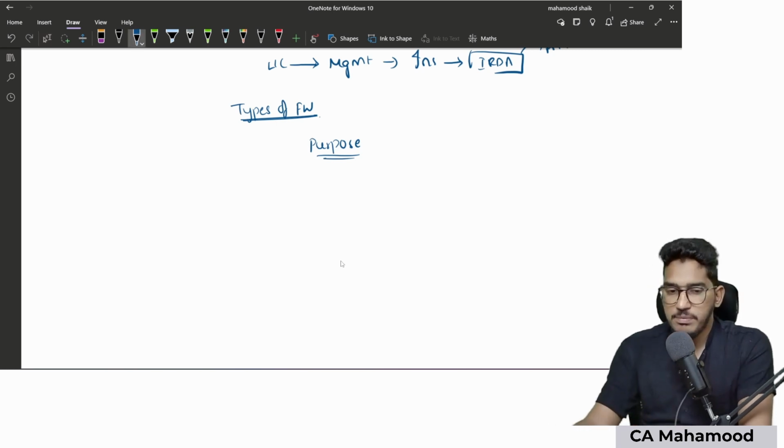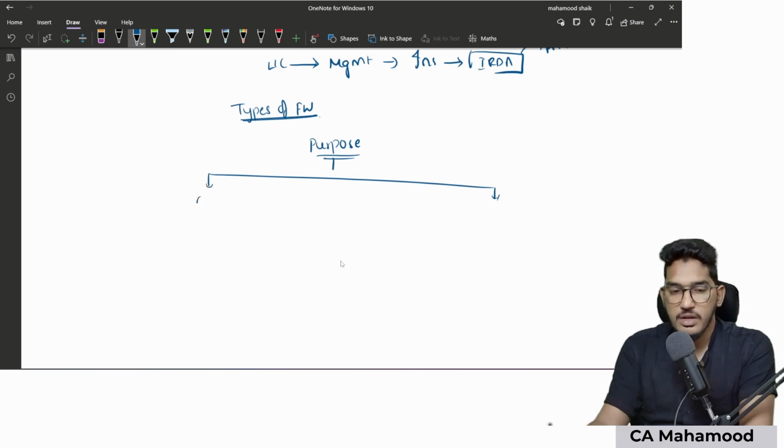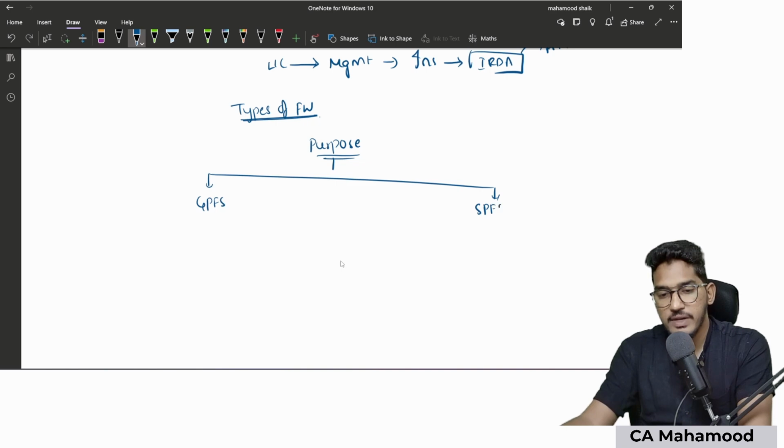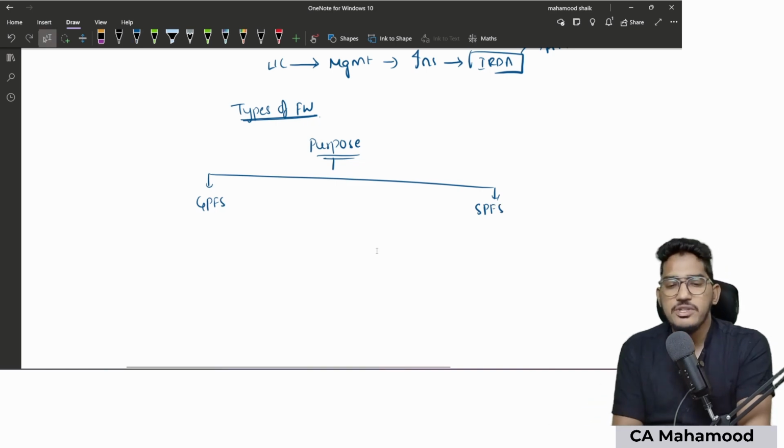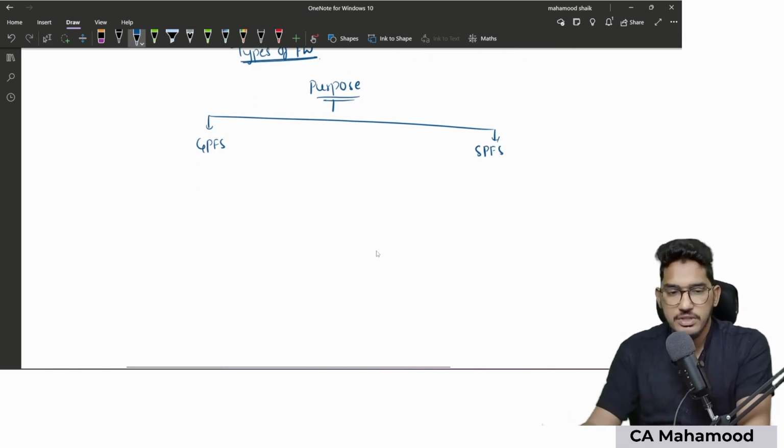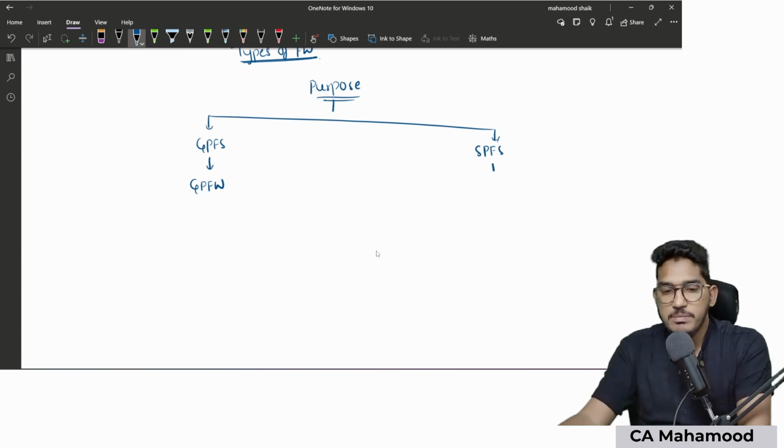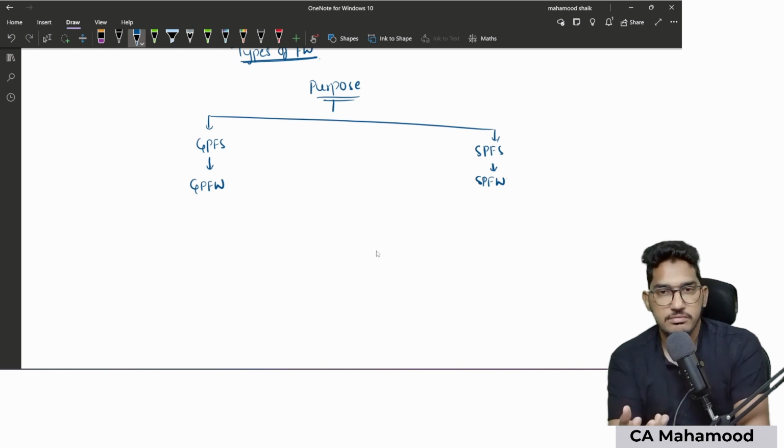On the basis of purpose, financial statements are divided into two categories: general purpose financial statements and special purpose financial statements. The definitions given are very straightforward. General purpose financial statements are those prepared as per general purpose framework, whereas special purpose financial statements are those prepared as per special purpose framework.